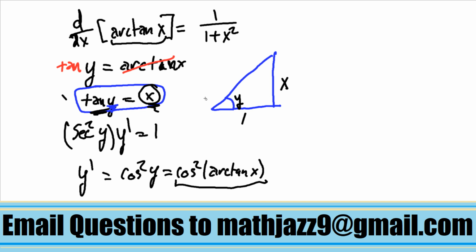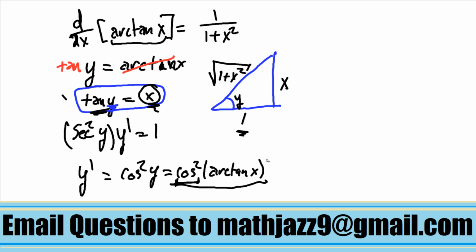So we do that. Now that we've set up this triangle, we're looking for the cosine of this triangle. Cosine is the adjacent over the hypotenuse, so we need to figure out this side. Pythagorean theorem says that that's going to be 1 plus x squared.